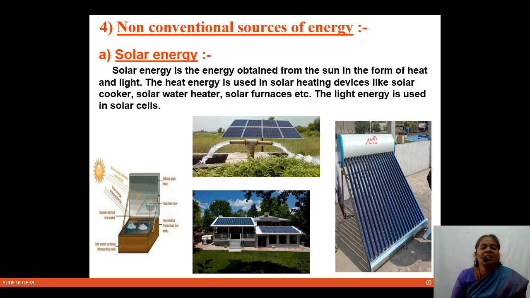Under the non-conventional sources of energy, we should discuss solar energy, sea energy, geothermal energy as well as nuclear energy.